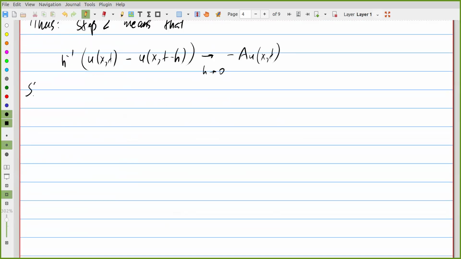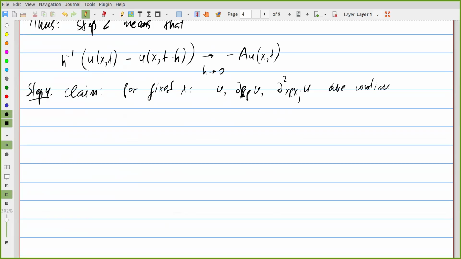Now, the next step would be the following claim. For fixed x, u and all derivatives with respect to spatial variables are continuous functions of t.